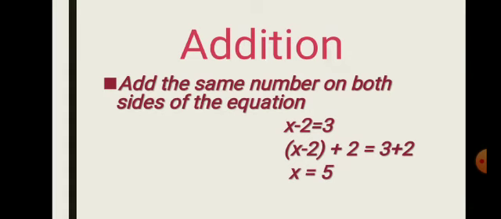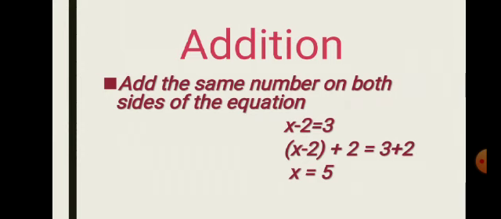Let us read the first rule, addition. Add the same number on both sides of the equation. Suppose the equation is x minus 2 is equal to 3. What is the variable in this? x is the variable. With the variable we see minus 2. What is the opposite of subtraction?